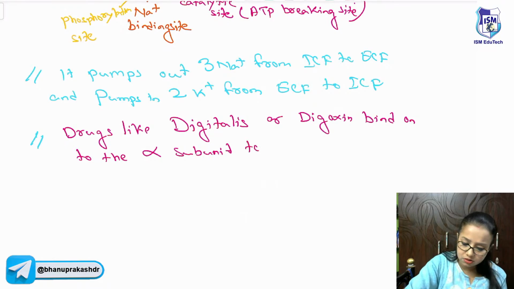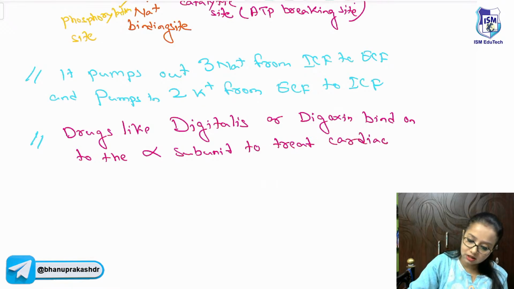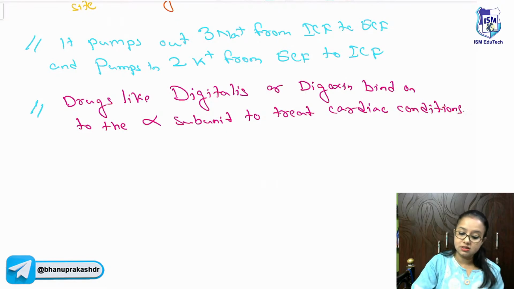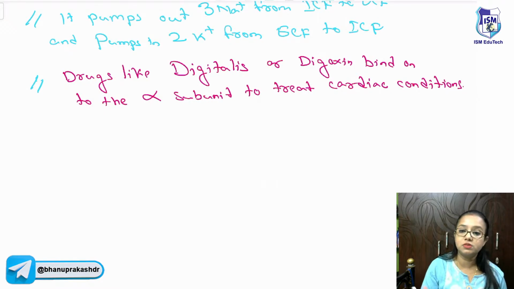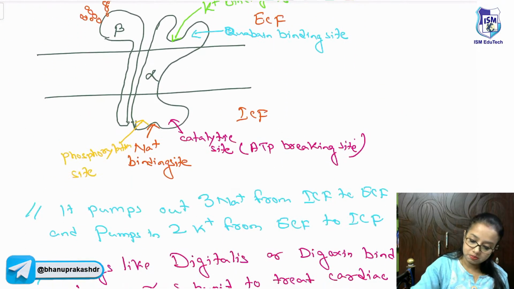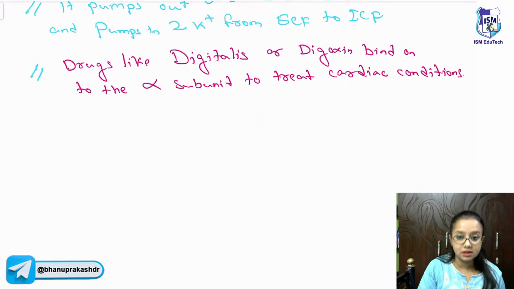Okay, to treat cardiac conditions, like in a failing heart, this is used to improve the beating of the heart, the contraction and the beating of the heart. So this is a very classical example of the primary active transport.